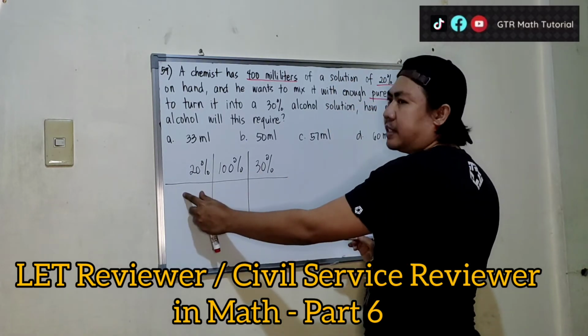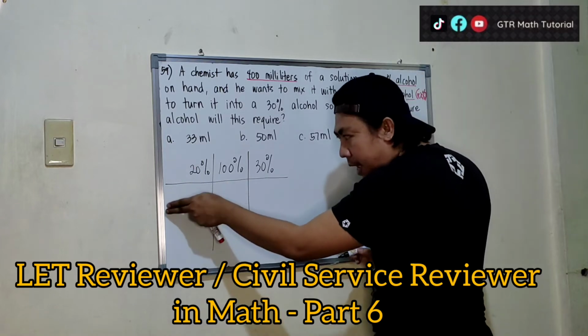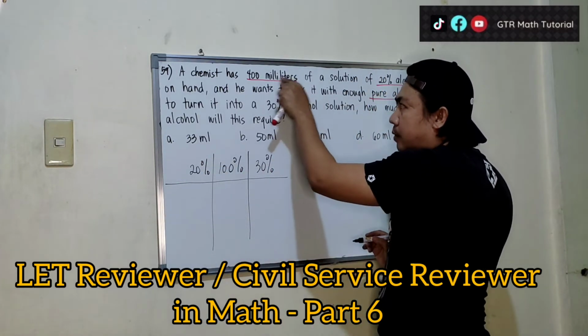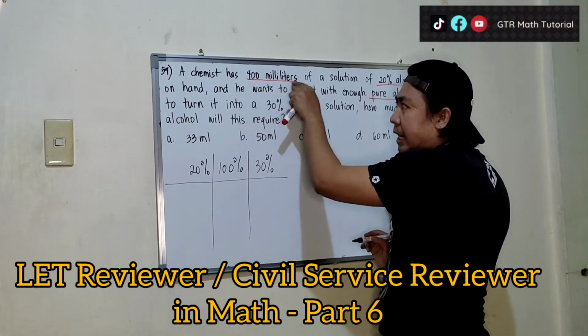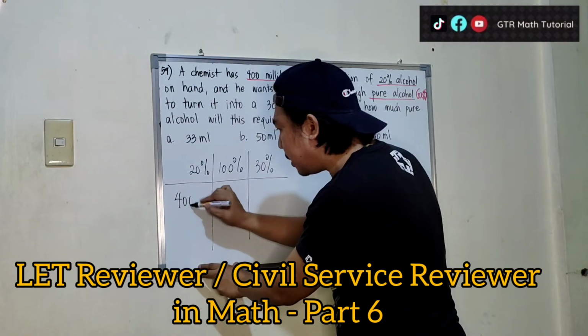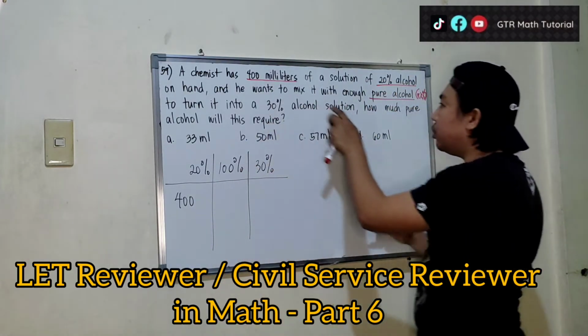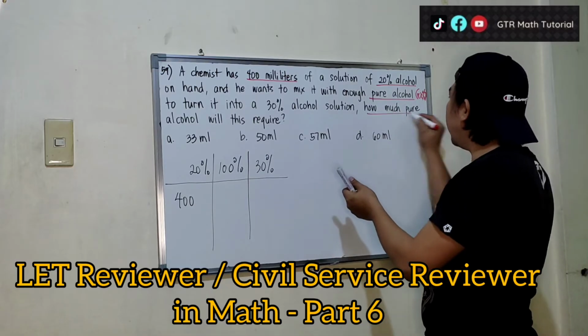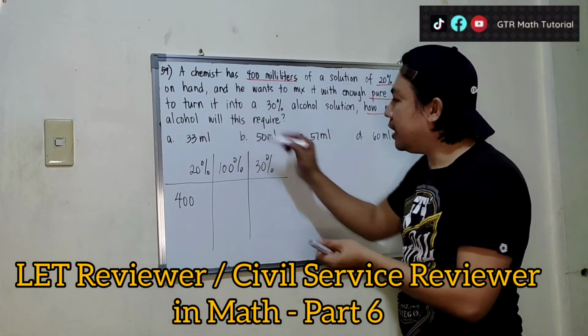So ilan ba yung 20% sa given? So unang row ay yung percent, pangalawang row kung ilan yung content nun. So yung milliliters. Okay? So 400 milliliters daw ng 20%. Tapos yung 100%, yun yung hinahanap natin. How much pure alcohol will this require?